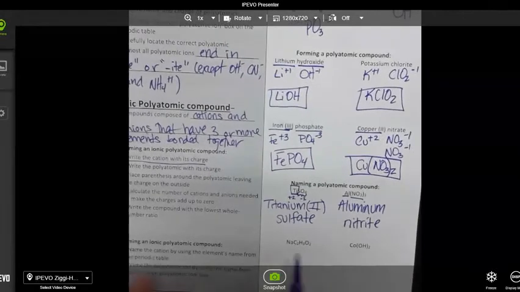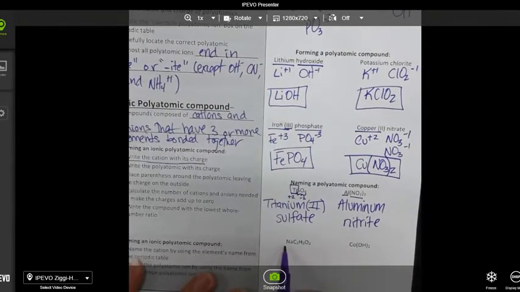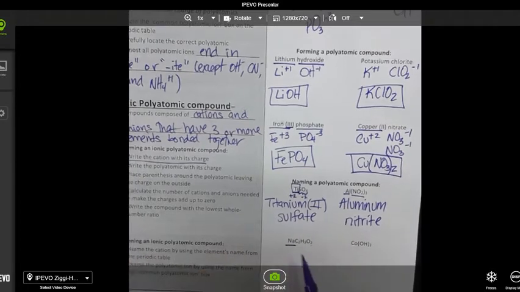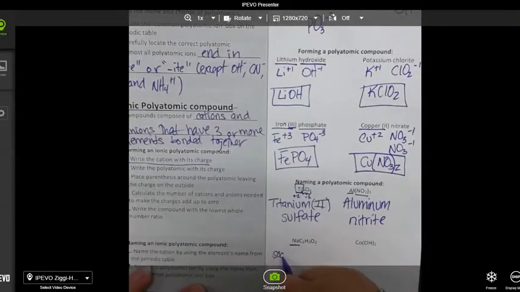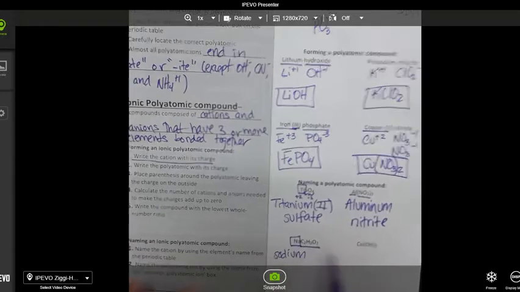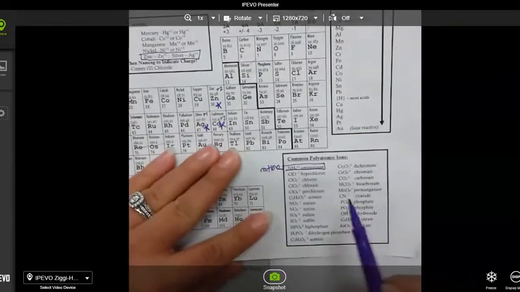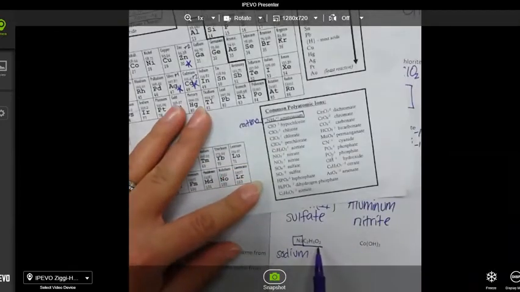All right, next compound. This one's one of my favorites, NaCHO. This one's NaC2H3O2. So what I'm going to do is name the metal. What is the name of this metal? Na is right here. It's sodium. Now, is sodium a transition metal? No, it's not. So it does not need Roman numerals. Once I've named my metal, then I need to look on my common polyatomic ion box and figure out what C2H3O2 is.